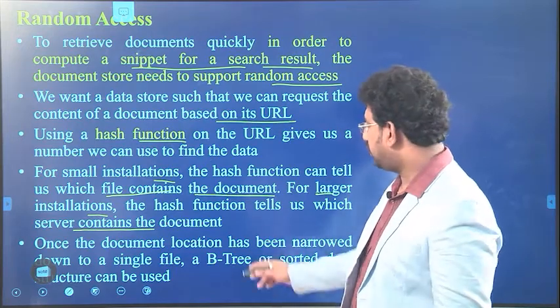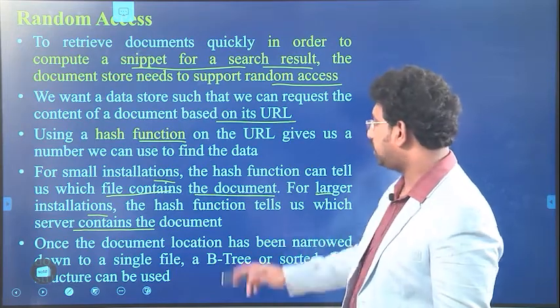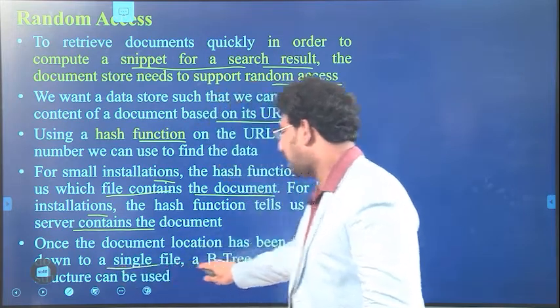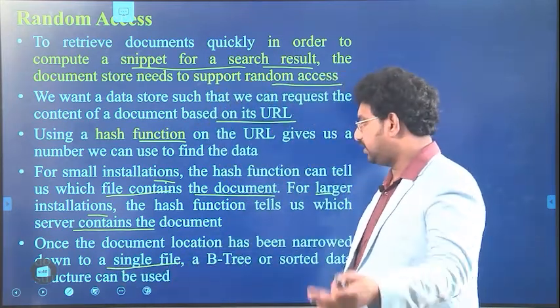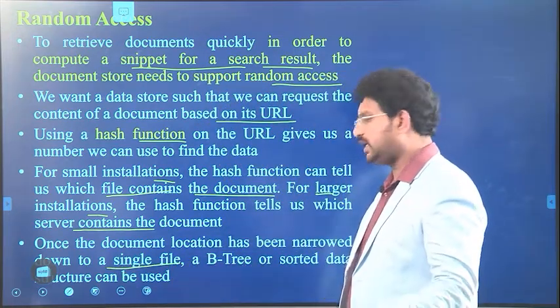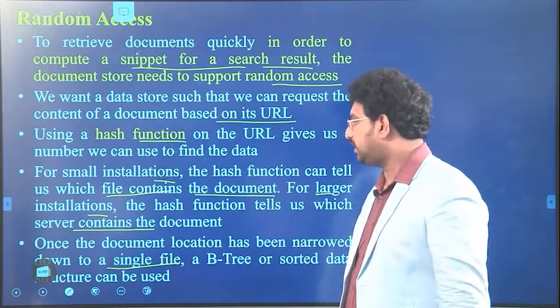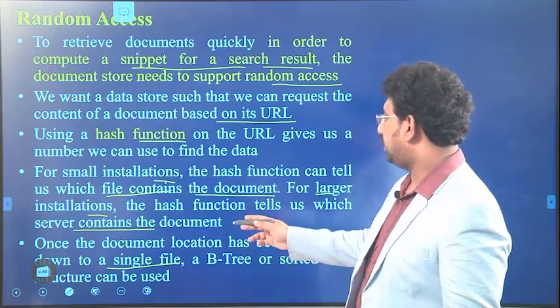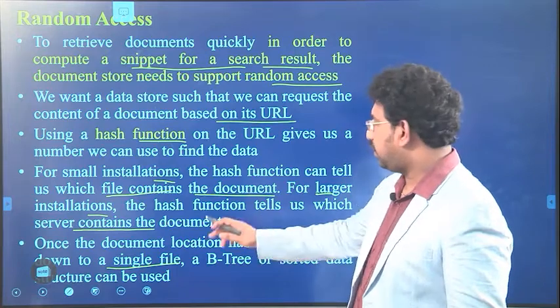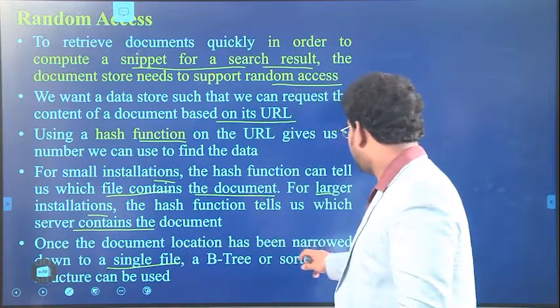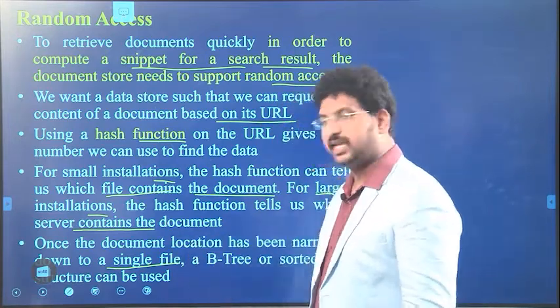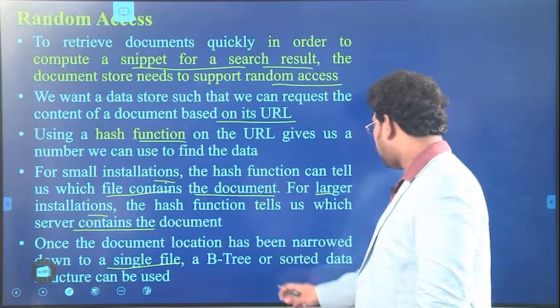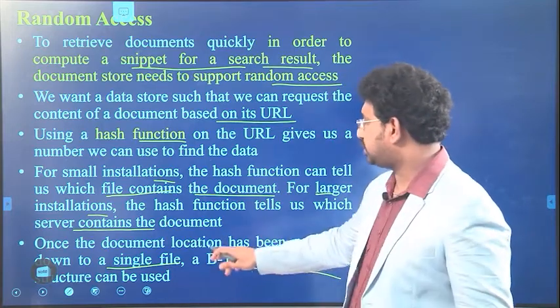Once the document location has been narrowed down to a single file, as part of identifying the file with hashing or identifying the location, a B-tree or sorted data structure can be used.